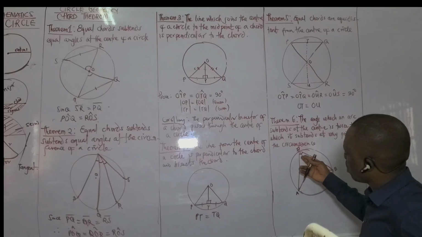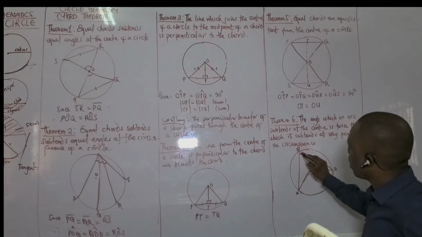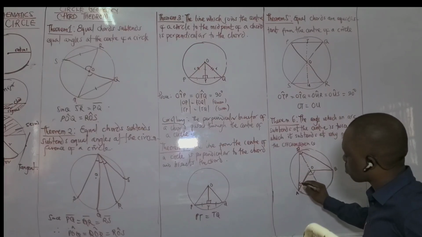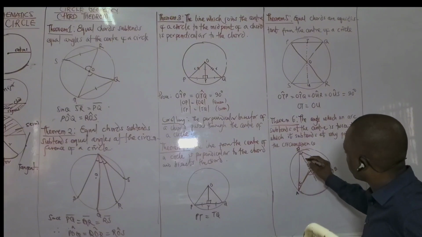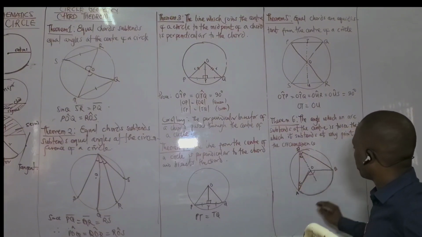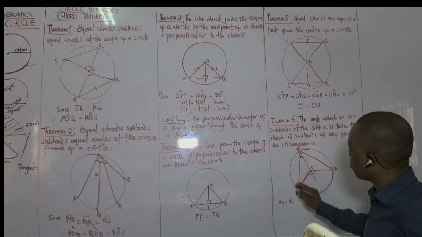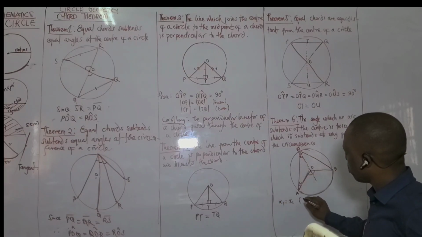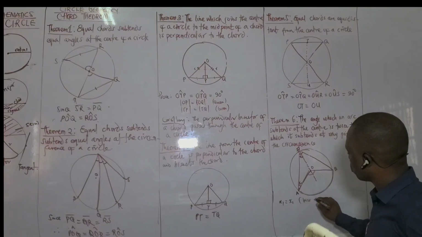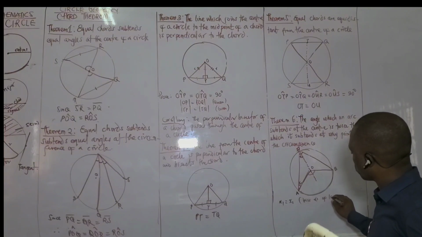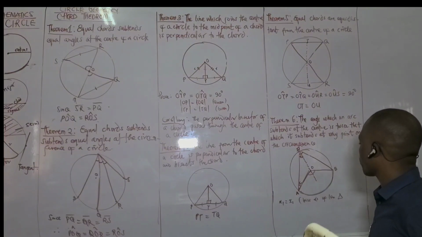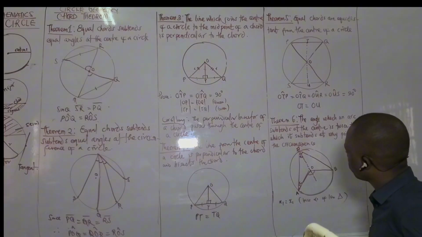In an isosceles triangle, the base angles are equal. That means that if this base angle is S1, then this is S2. S1 equals S2, since they are base angles of an isosceles triangle.